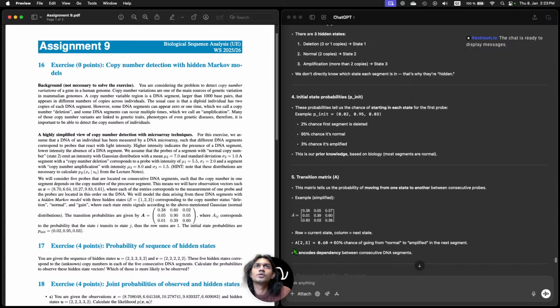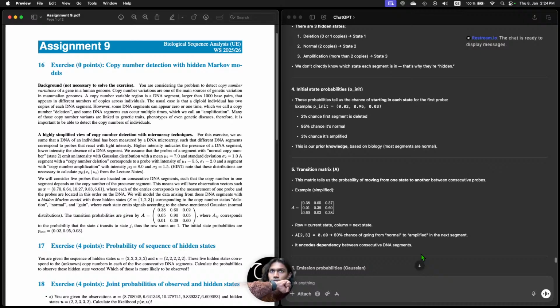Like A, 2, and 3. 60% chance of going from normal to amplified in the next segment. It encodes dependency between consecutive DNA segments. Okay, I did not get that. I need to learn more on that one.